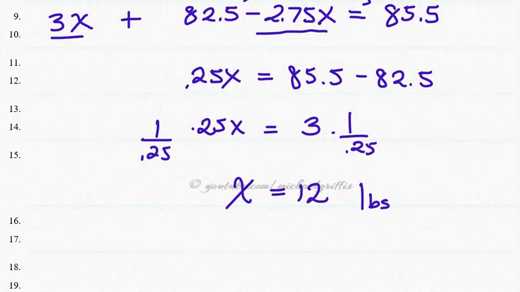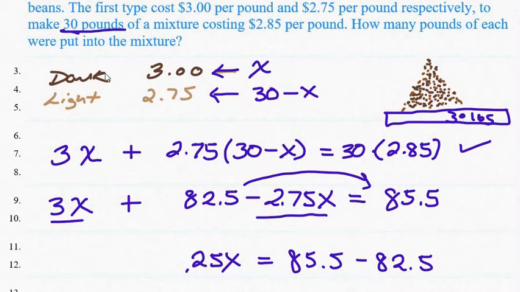All right. So we're going to need 12 pounds of the dark roasted beans, and then take 30 minus 12, and that's going to give us 18 pounds of the light roasted beans.